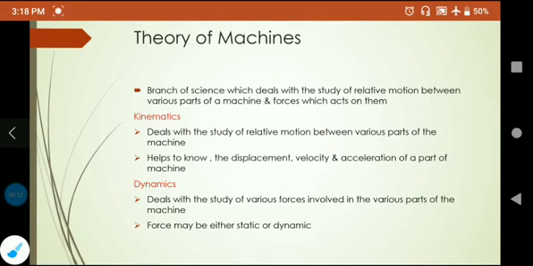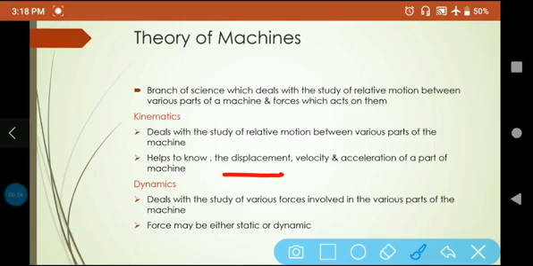In kinematics, we actually analyze the displacement, the velocity and the acceleration of a part of a machine. And in dynamics, we analyze the forces that acts on the machine. So in this particular subject, that is in kinematics of machine or machinery, we will be studying about various methods to analyze the displacement, the velocity and acceleration of the parts of a machine.